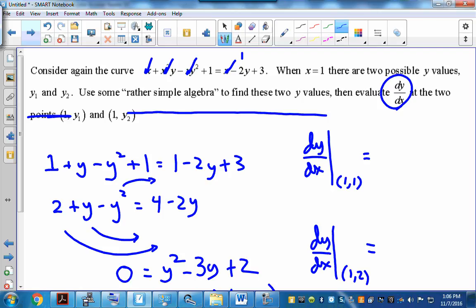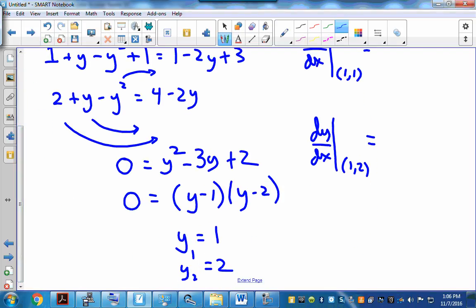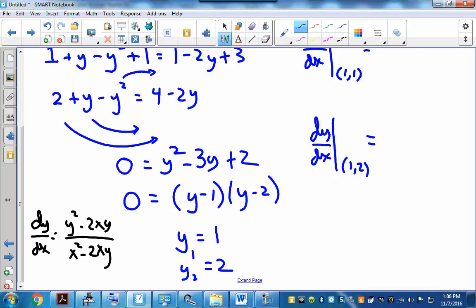Okay, so let's see, it's on the other screen, but if you go back and look at that, you'll see the derivative we came up with was y squared minus 2xy divided by x squared minus 2xy plus 2.